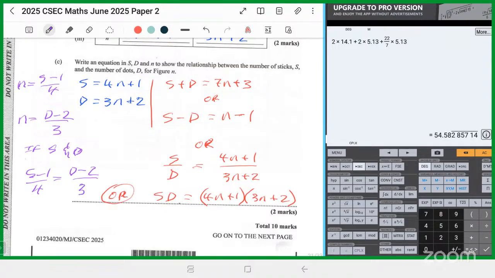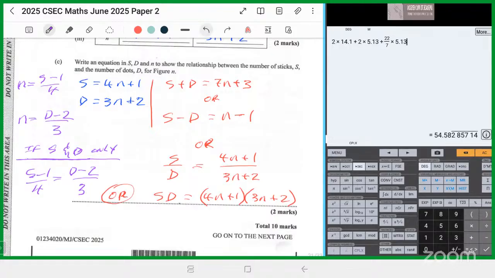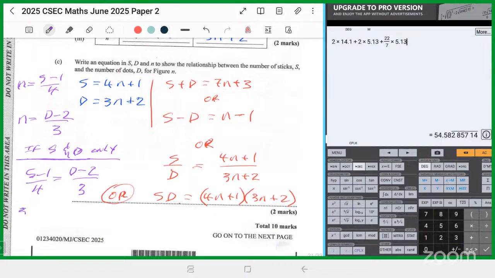And that will be a relationship connecting them. So that's if they want just a relationship with S and D only. And we could have simplified by cross multiplying. Let's just finish it. Multiply the 3 over here, we will get 3S minus 3 equals, multiply the 4 over there, we would get 4D minus 8.